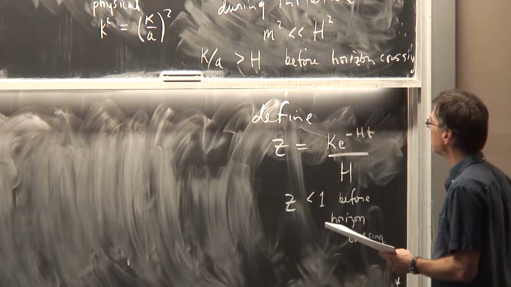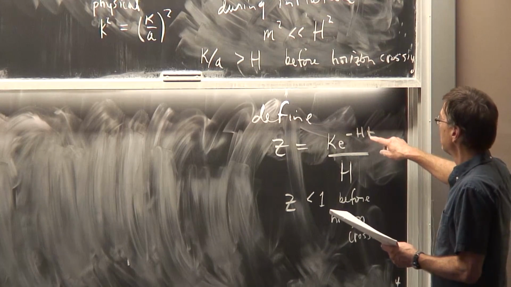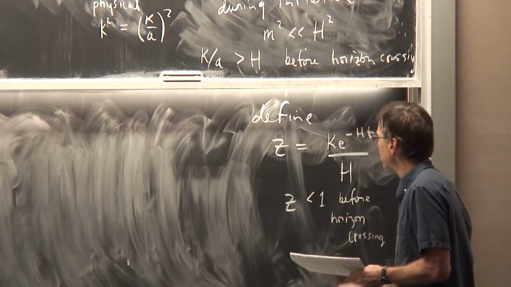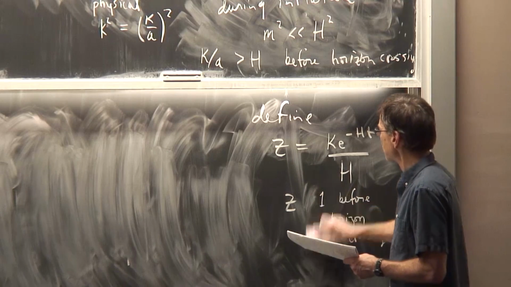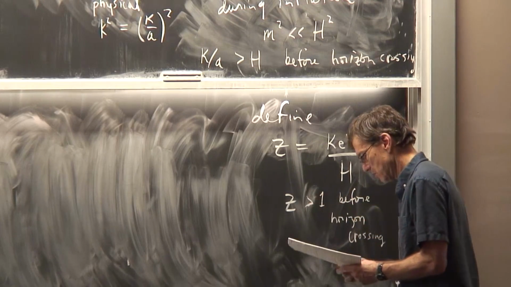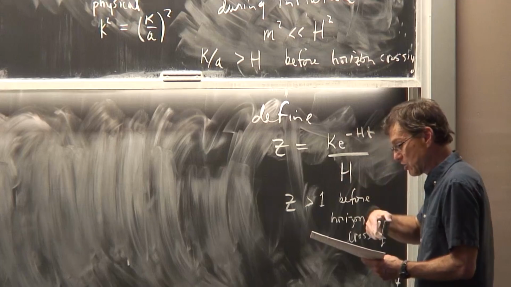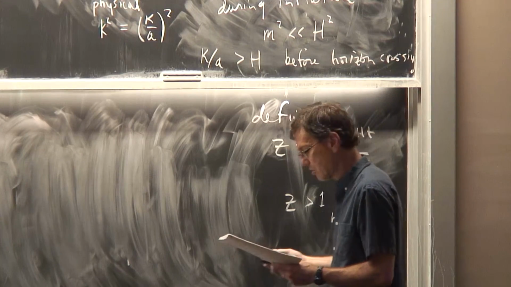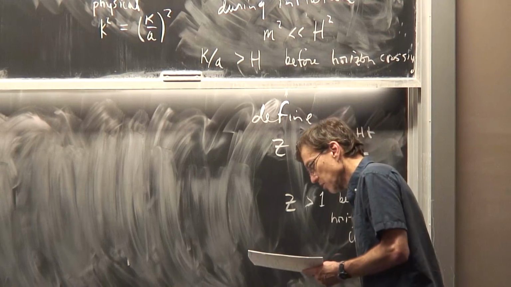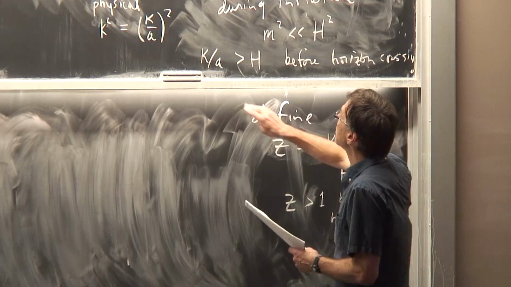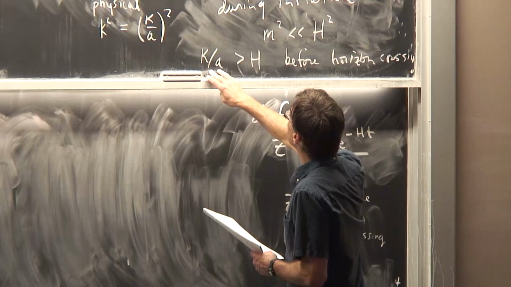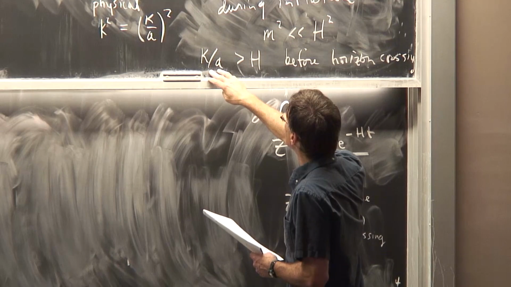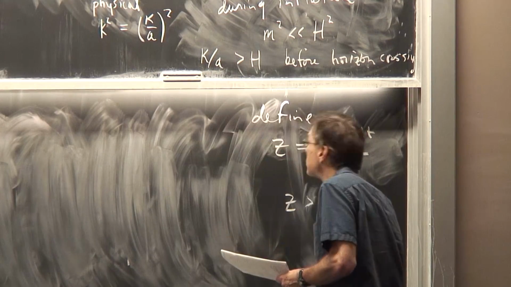Did I get that right? So k is large before horizon crossing. Crossing into or out of? It's always crossing out of when we say horizon crossing. Wouldn't it be smaller than aH before it crosses? k over a is getting smaller.